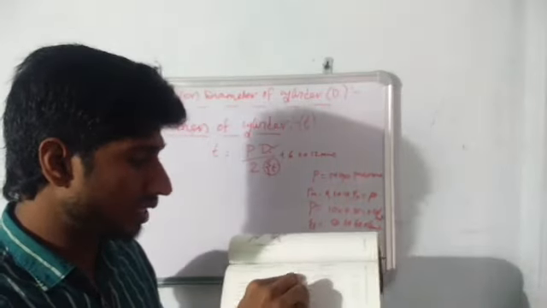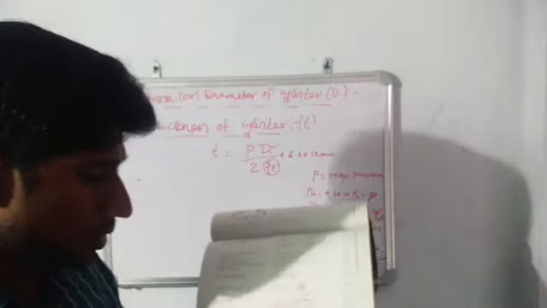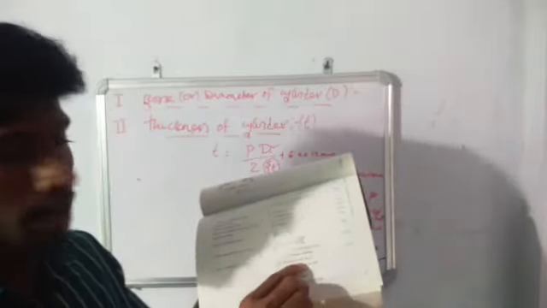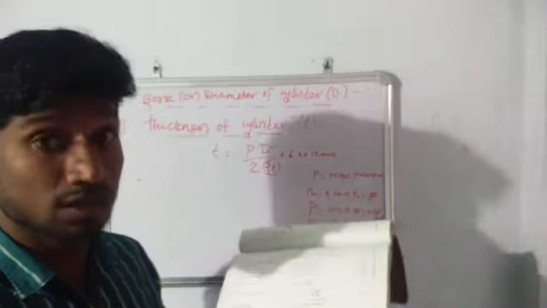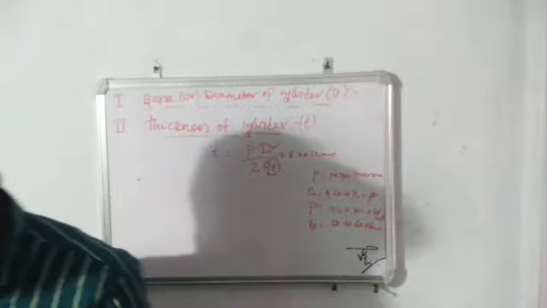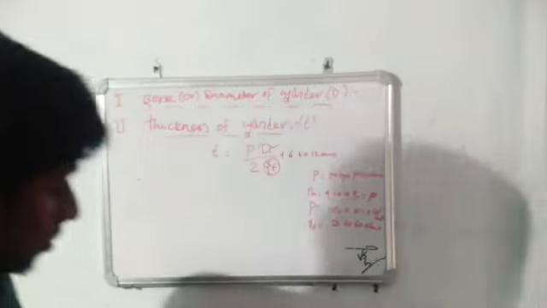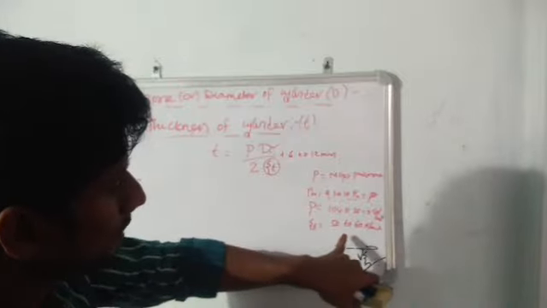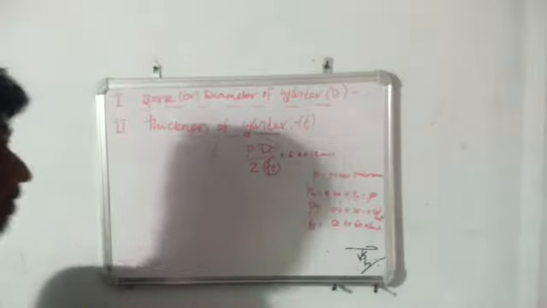For allowable tensile stress, the value is between 50 to 60 Newton per mm square in cast iron. That's why we are considering here the cast iron material, so I consider allowable tensile stress between 50 to 60 Newton per mm square.